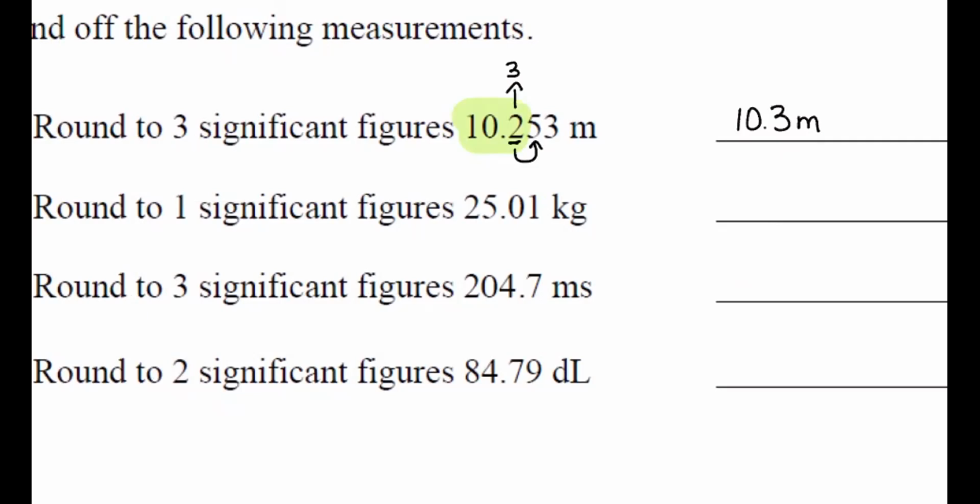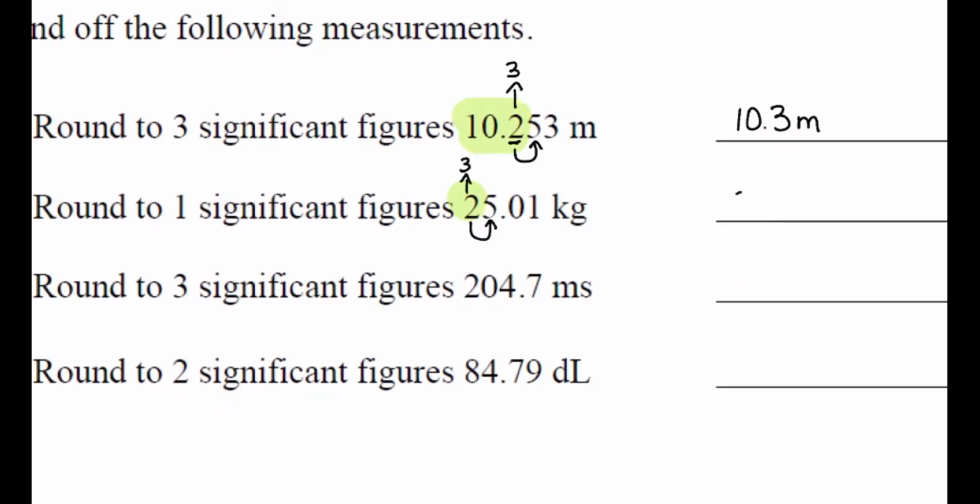What about the second example? I need to take 25.01 kilograms and I need to round it to 1 sig fig. So when I look at this, the 2 is what I'm interested in. The 2 is next to the 5. Thank you for the students that put 30 kilograms. And this is why 30 is the correct answer. So the 2 changes to a 3.